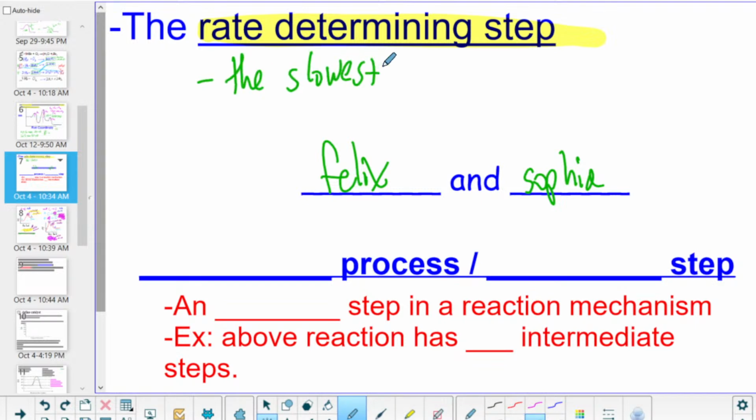We're going to formally define it. It's the slowest step, and it has the highest activation energy, or energy of activation, Yoda says.